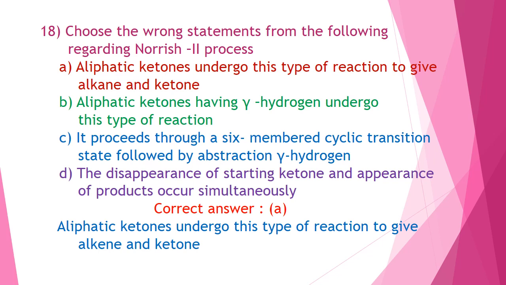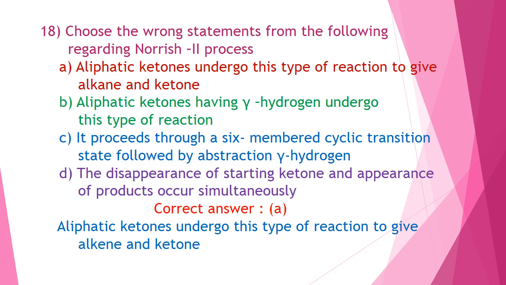Question number 18. Choose the wrong statement from the following regarding the Norrish 2 type process. Here, the aliphatic ketones undergo this type of reaction to give alkane and ketone.